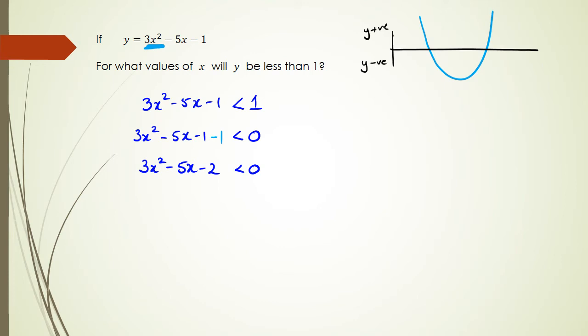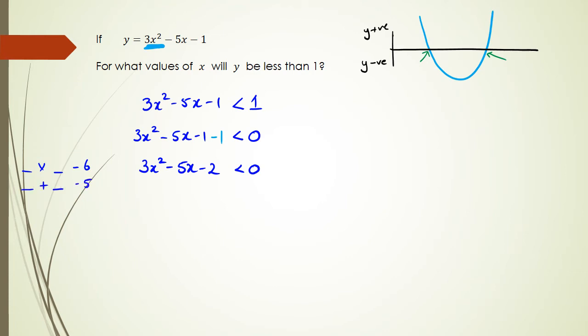So what we're going to try to do is factorize this quadratic and find these two points right there. To factorize this, I've got 3 and negative 2. 3 times negative 2 is negative 6. So I'm looking for two numbers that multiply to negative 6 and add up to negative 5.